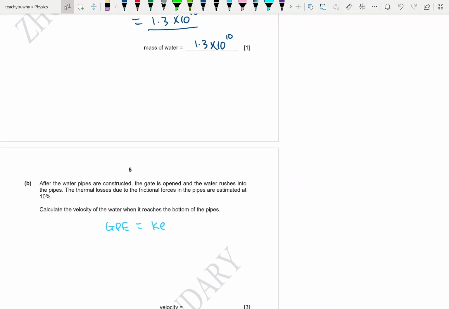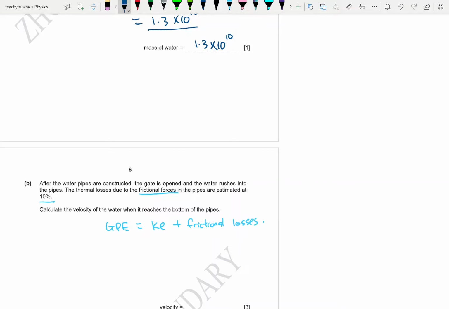After, we have two energy sources. Number one, there is KE, because there is velocity, the water is rushing out. But another one is that there are frictional forces estimated to be 10%, which means we need to discount 10%. So we need to add frictional losses.